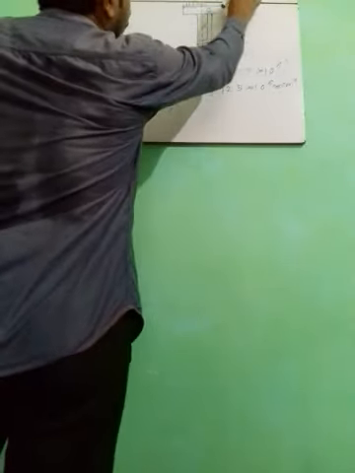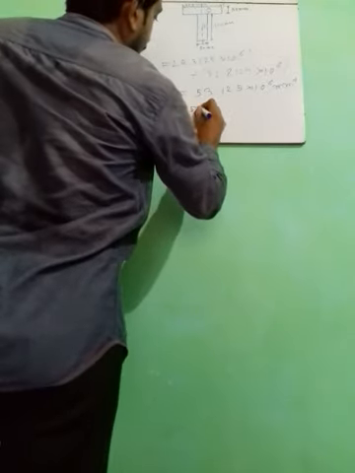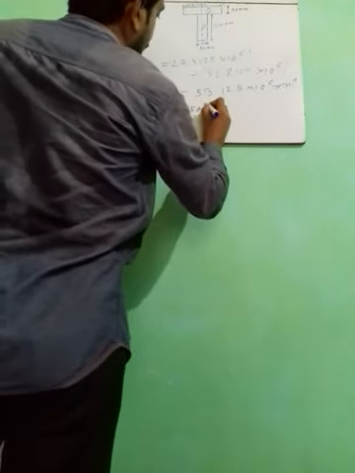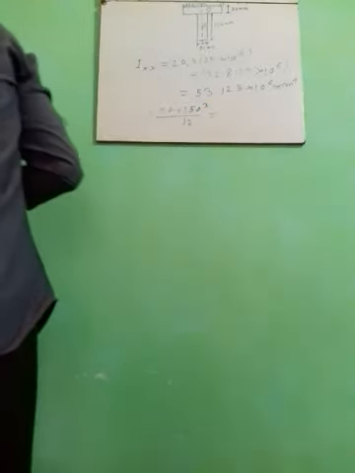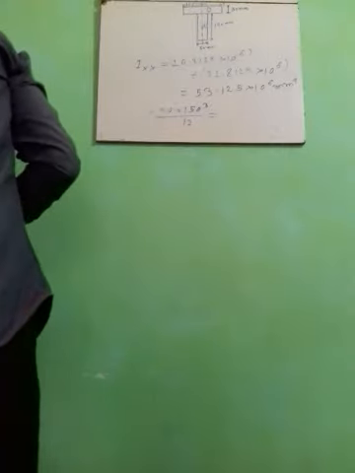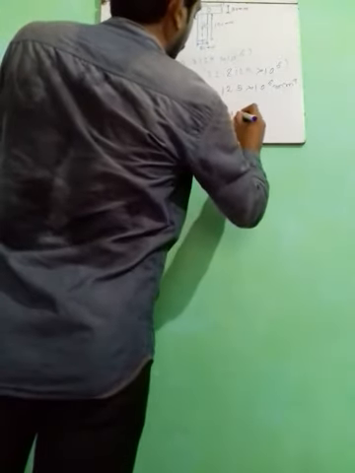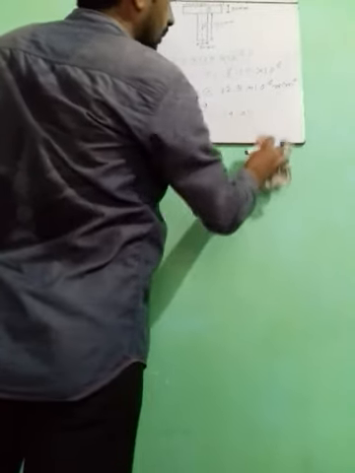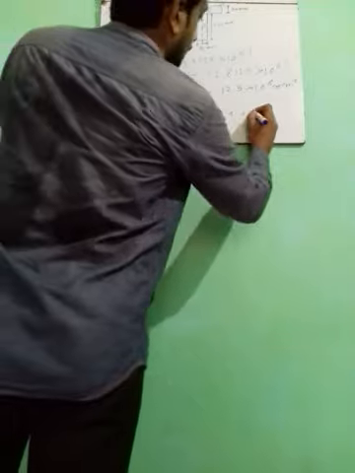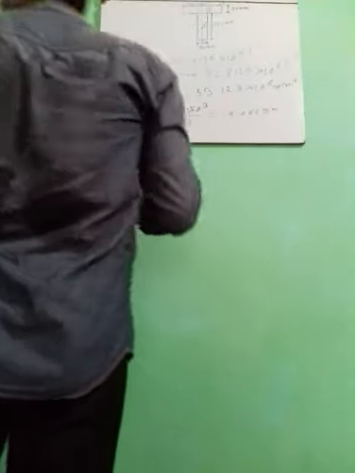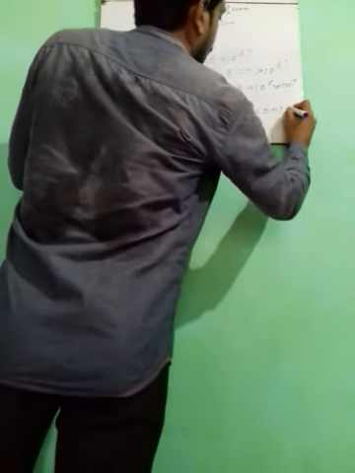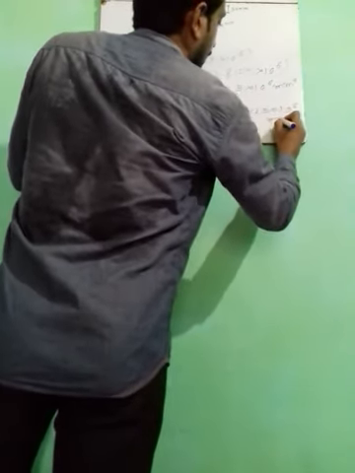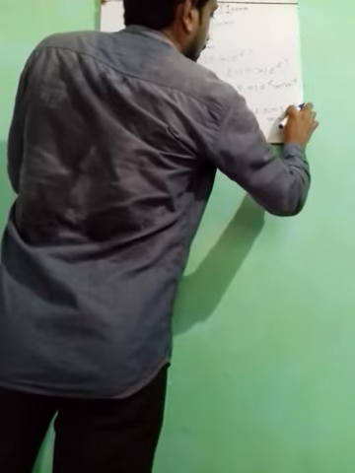So this is D of the first figure and this is B: 50 into 150 cube by 12. The value is 14.0625 into 10 to the power 6 mm to the power 4.